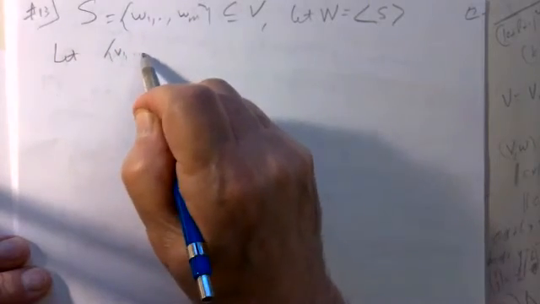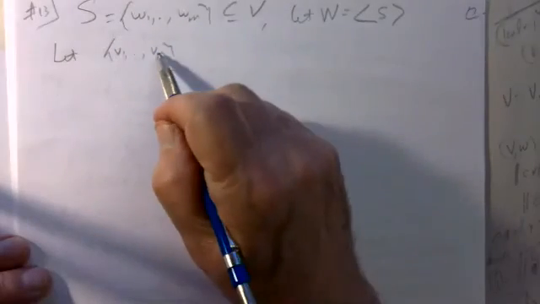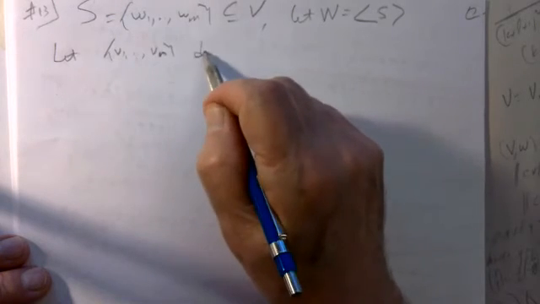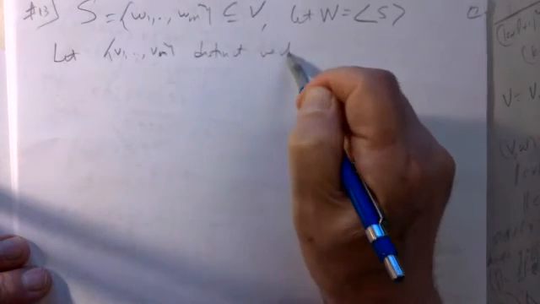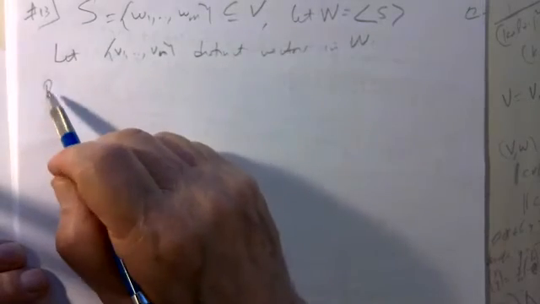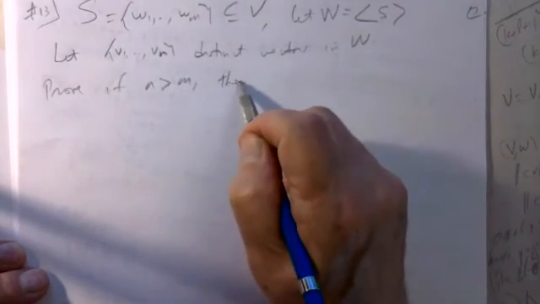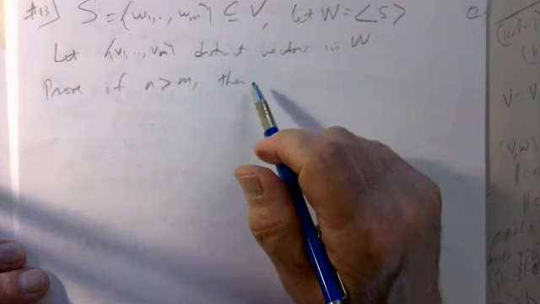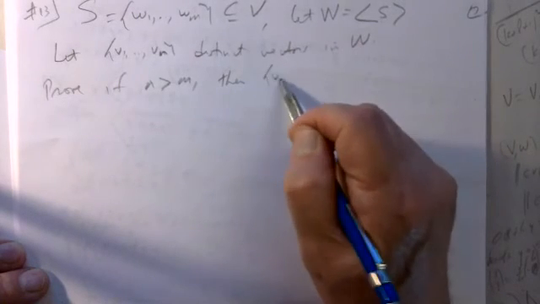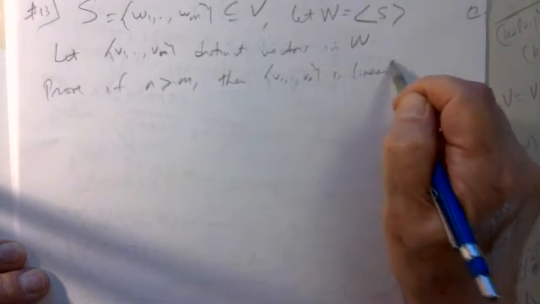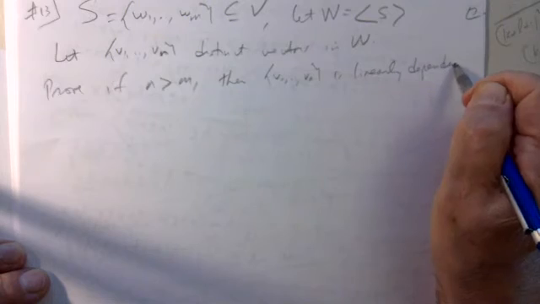Let v1 up to vn be some sequence of n distinct vectors in W. We want to prove that if n is greater than m, then the set of vectors v1 up to vn is not independent, is linearly dependent.